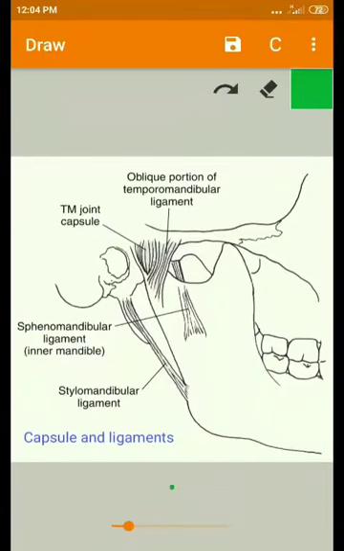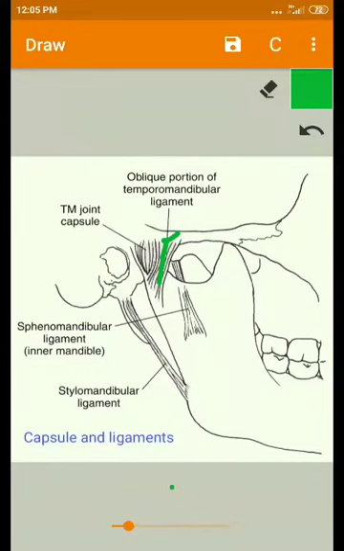So we'll see again, the temporomandibular ligament is a strong ligament composed of two parts: the oblique part and the horizontal portion. The oblique portion attaches the neck of the condyle to the articular tubercle, serves as a suspensory ligament, and limits downward and posterior motion of the mandible as well as the rotation of the condyle during opening of the mouth.